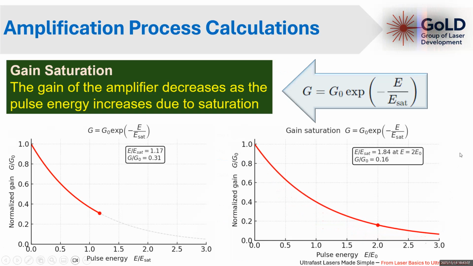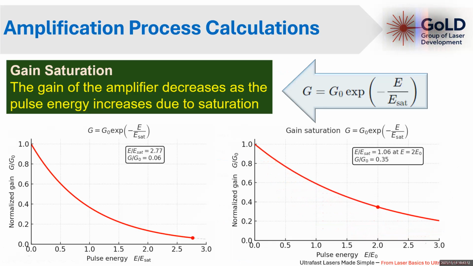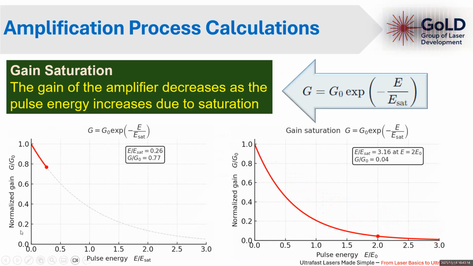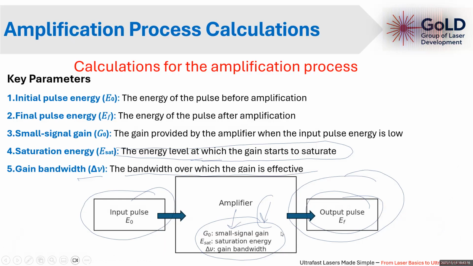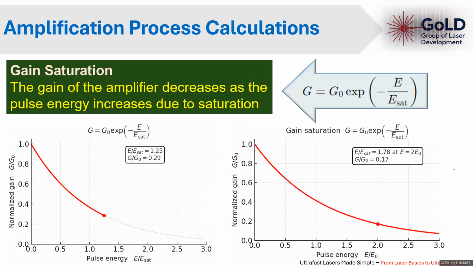First we need to find out the gain saturation. If we know these parameters, okay, but if we don't, then we have to find them out. That is why we started from the gain saturation.